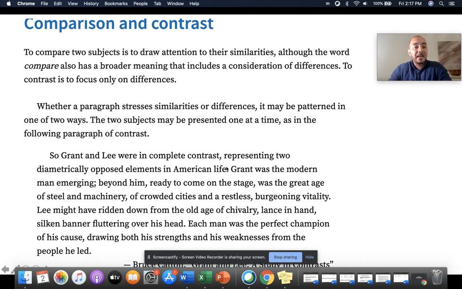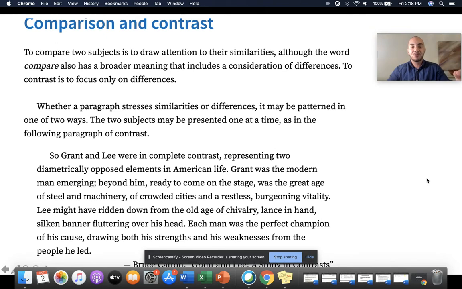Grant was the modern man emerging beyond him, ready to come on stage with the great age of steel and machinery, of crowded cities and restlessness, burgeoning vitality. Lee might have ridden down from the old age of chivalry, lance in hand, silken banner fluttering over his head. Each man was a perfect champion of his cause, drawing both on his strengths and weaknesses from the people he led." So we're comparing Grant and Lee.